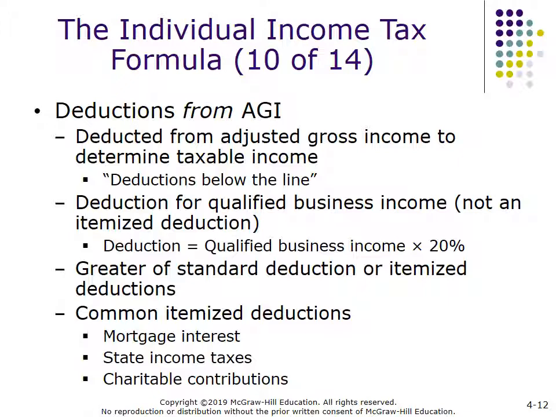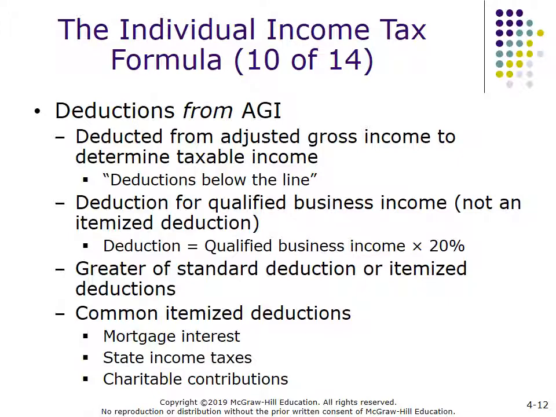From there, now we're on page 2 of the 1040, we deduct deductions from adjusted gross income. The first one is the greater of the standard deduction or itemized deductions. Now, itemized deductions we have an entire chapter on, but the most common itemized deductions are personal expenses that you pay for medical, state and local taxes to a certain extent, mortgage interest, and charitable contributions.